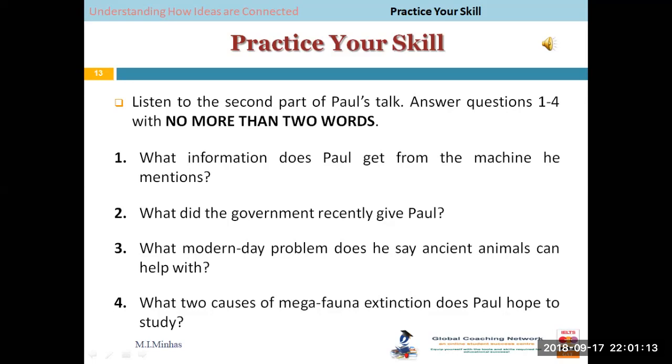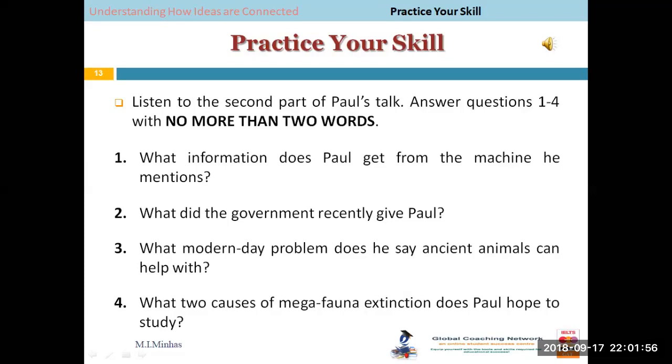Then he says that recently he has obtained a grant from the government, and paleontology is not only about learning the past. It also gives us solutions to our current problems. For example, he is planning to use that grant to see how ancient animals coped with the changing environment, the climate change.